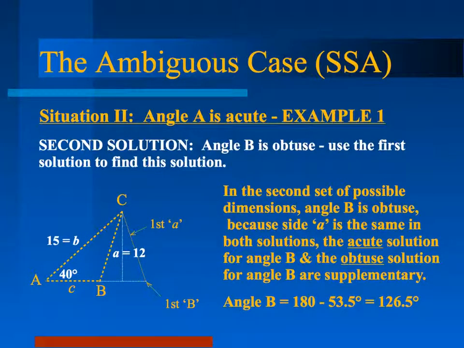Now, to find the second triangle, we still have that little a is 12, but the issue is over here with angle B. It's no longer going to be the same value as the original B that we solved for.